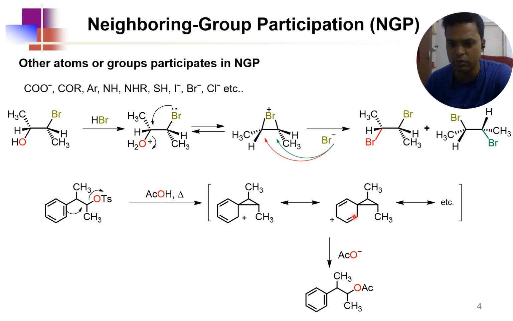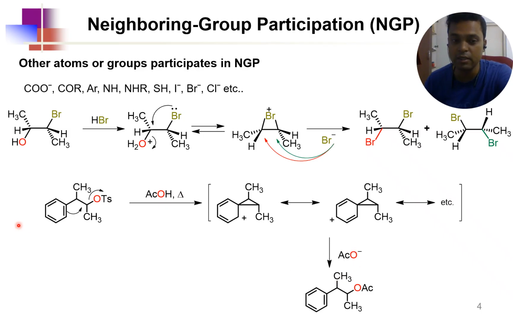I have shown some resonance structures of this, but at the end this acetate will attack either of the carbons, and you get only one product, because when it attacks, this bond will open, so you will get the terminal carbon, which is this part.